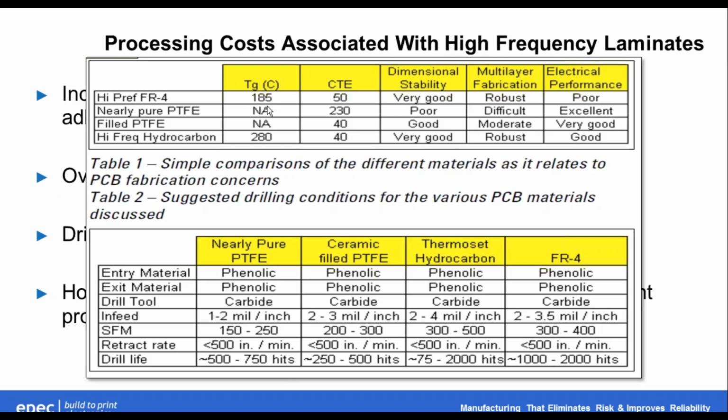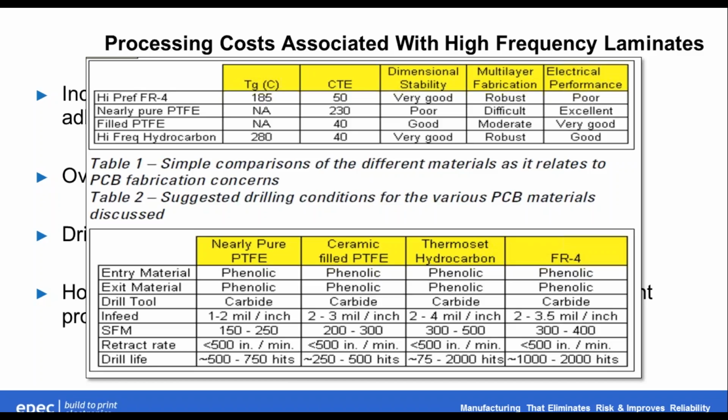And so you can kind of look at that, and depending on what combination of properties your application demands, you can decide when these high-frequency materials might be appropriate or even necessary for your design, and which ones to use.